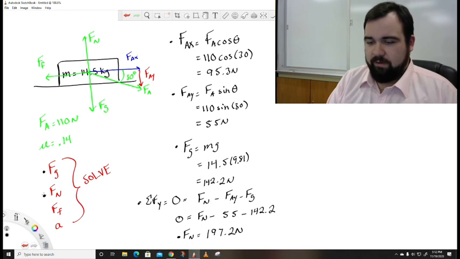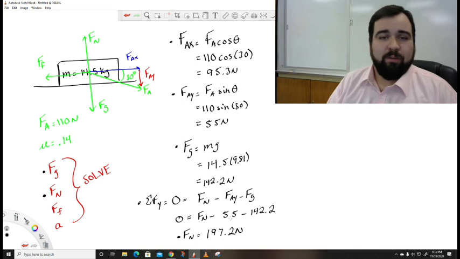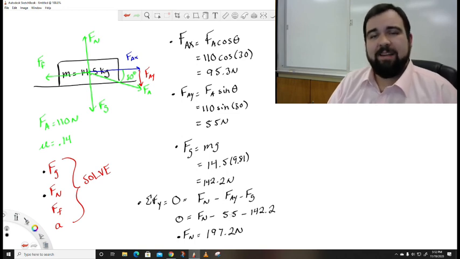So now we have F normal, 197.2 newtons, which is greater than the force of gravity, or the weight of the object, because you are adding downward pressure onto this cart, so the ground has to push up more.